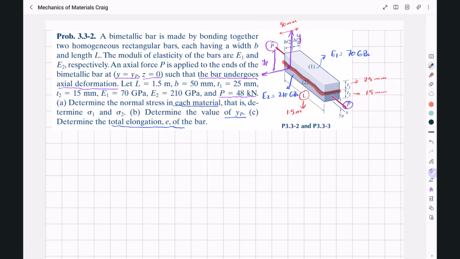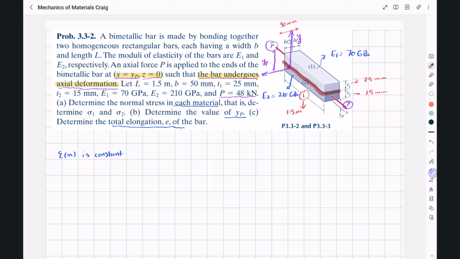Okay, let's start solving the question. First of all, the bar is said to undergo axial deformation when the load P is applied at this y equal to yp and z equal to 0. So we can conclude that the strain is constant on every cross section for this bar. So epsilon x is constant.